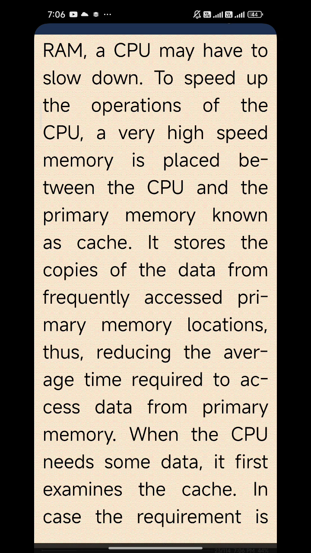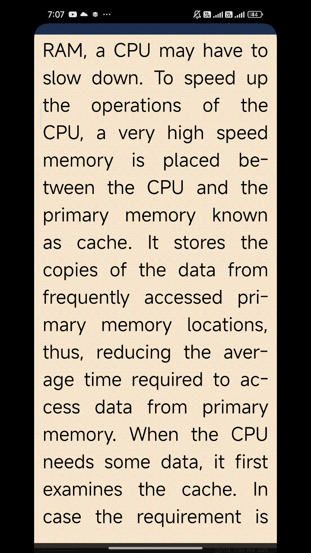A very high speed memory is placed between the CPU and the primary memory, known as cache. It stores the copies of the data from frequently accessed primary memory locations, thus reducing the average time required to access data from primary memory.